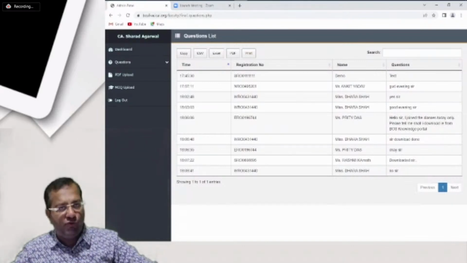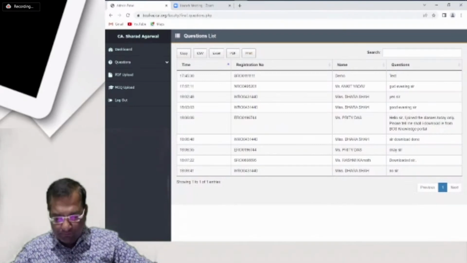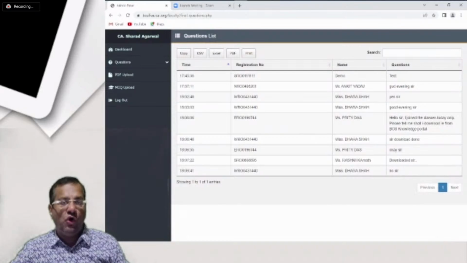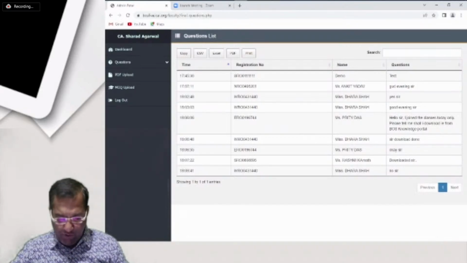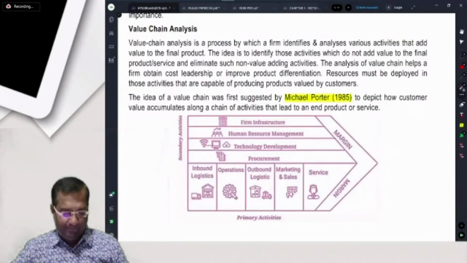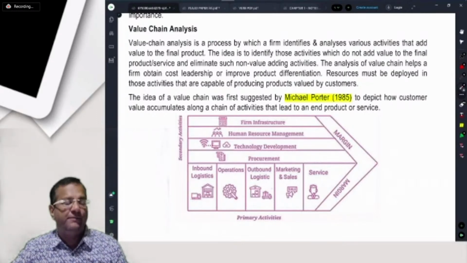I think it's the third or fourth point in value chain analysis. Please give the numbering. Give the heading: value added and non-value added. Underline this heading and write down in the next line: value added.